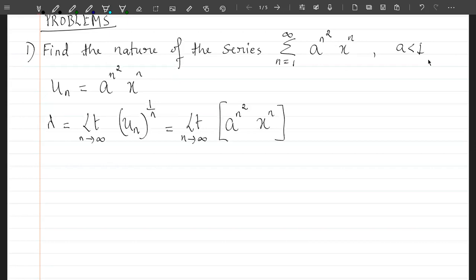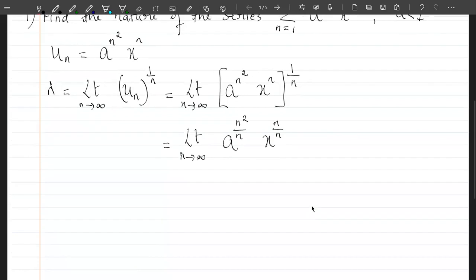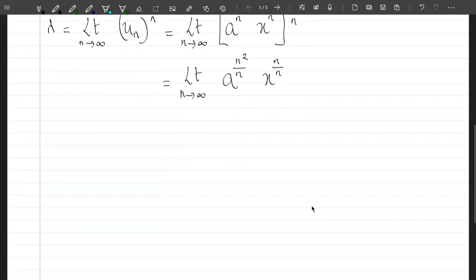with the power 1 by n. So that will be equal to limit n tending to infinity a power n square divided by n into x power n divided by n. Now you can see that x power n by n is nothing but x power 1.